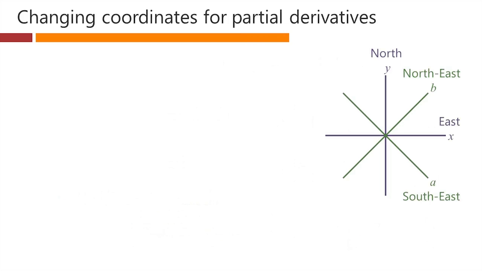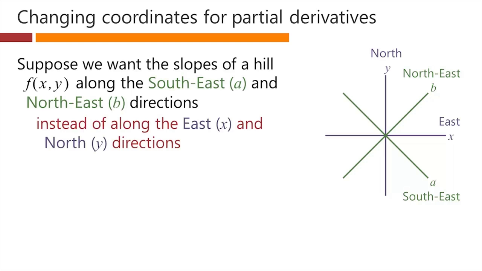Now we're going to make another use of our differential, this time to understand how we change the coordinates for partial derivatives. Suppose we want to know the slopes of a hill, or hill f of x and y, but not along the x and y directions, but along another couple of directions.